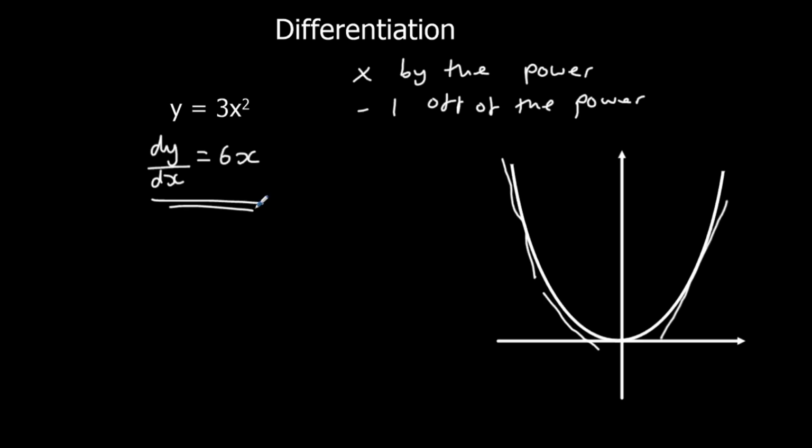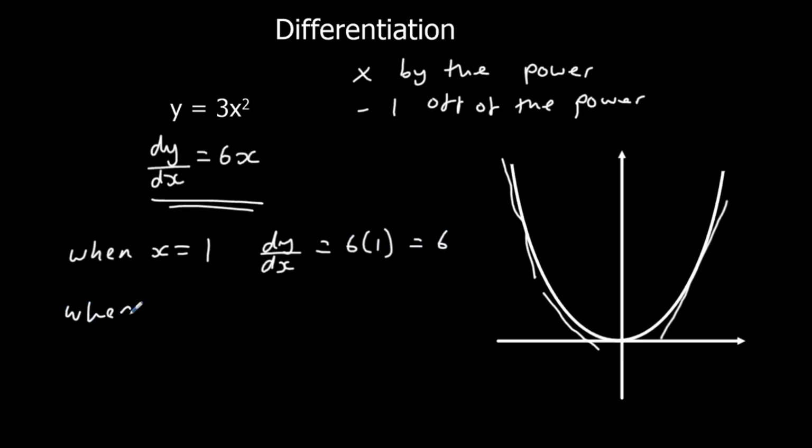So if you want to know the gradient at any point along the curve y equals 3x squared, you've just got to substitute your x coordinate into the 6x. If you want to know the gradient when x is 1, you just substitute 1 in. So when x is 1, dy dx is 6 times 1, which is 6.